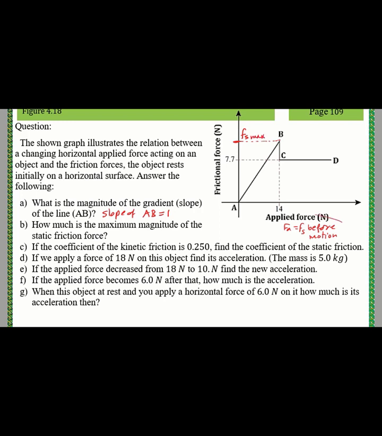As we mentioned here, at all times before motion, the static friction equals Fa. Here, Fa is 14, so the Fs maximum is 14 Newton.